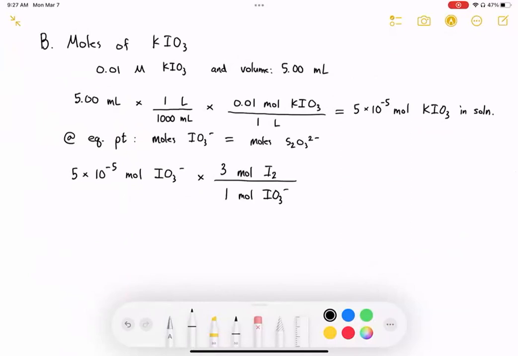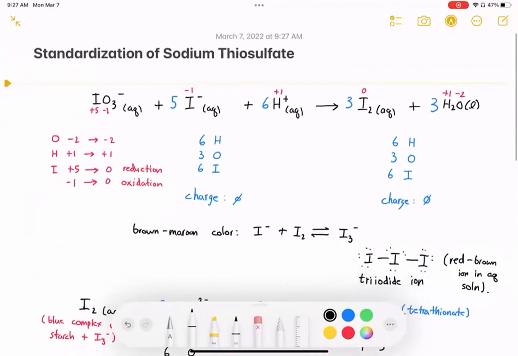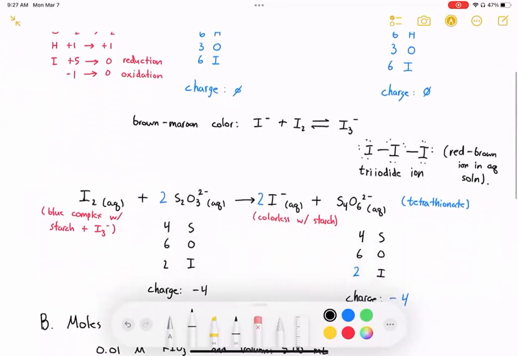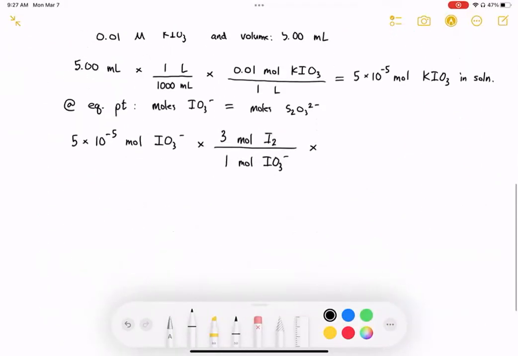We need to use 2 conversion factors in succession. Okay, so the common factor here is iodine. But you see here in the second reaction, for every mole of iodine, we react with 2 moles of thiosulfate. So we're going to put 1 mole of iodine will give us 2 moles of thiosulfate. Okay.